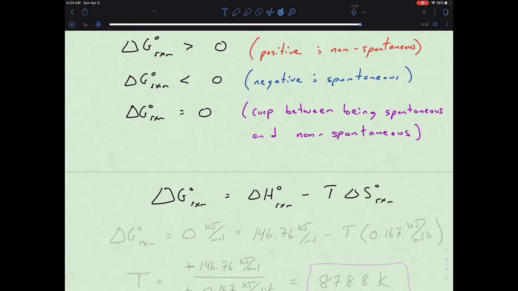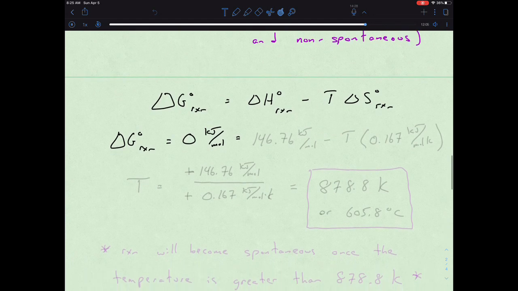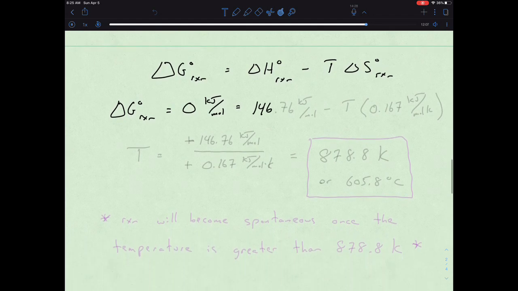Where now we're solving for our temperature. Our delta G of the reaction we're going to set to 0 kilojoules per mole, because that's the cusp. We have our delta H, which we solved for, is 146.76 kilojoules per mole, minus our temperature, which we're solving for, times then our entropy, which was 0.167 kilojoules per mole Kelvin.